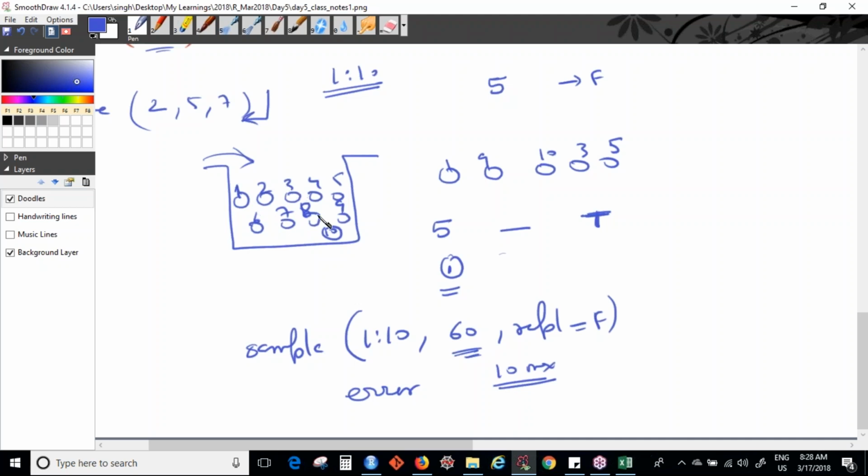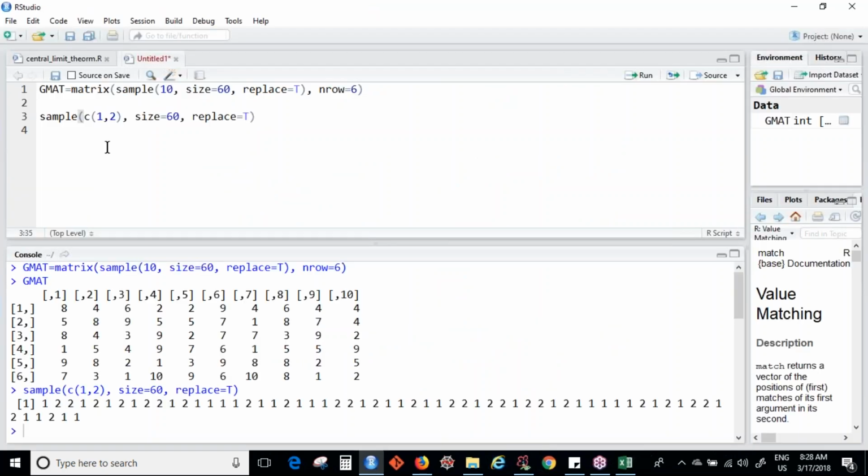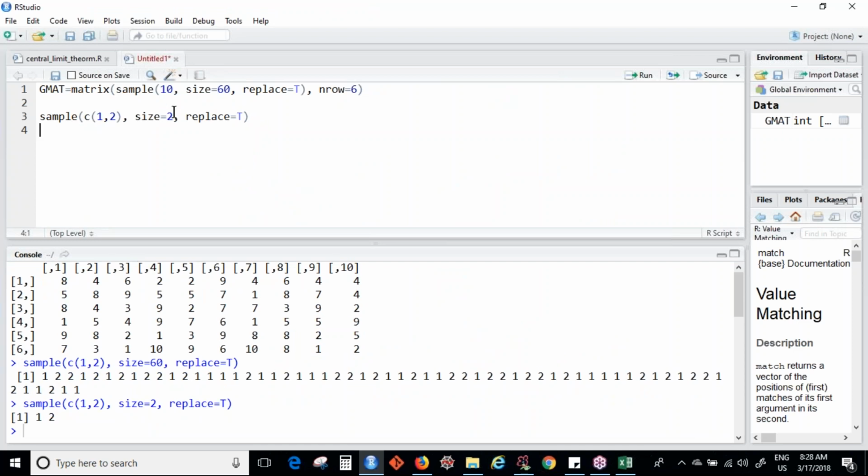Nothing will remain in your bag if you give replace is false. So for example, if I give 2 here, the answer will be 1 and 2, because there are only 2 marbles in your bag. The moment I make it 3, it will give me an error.